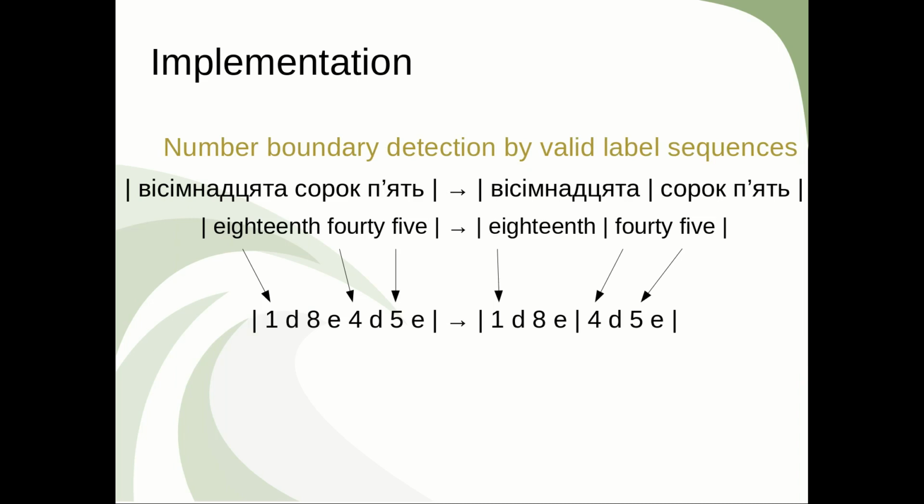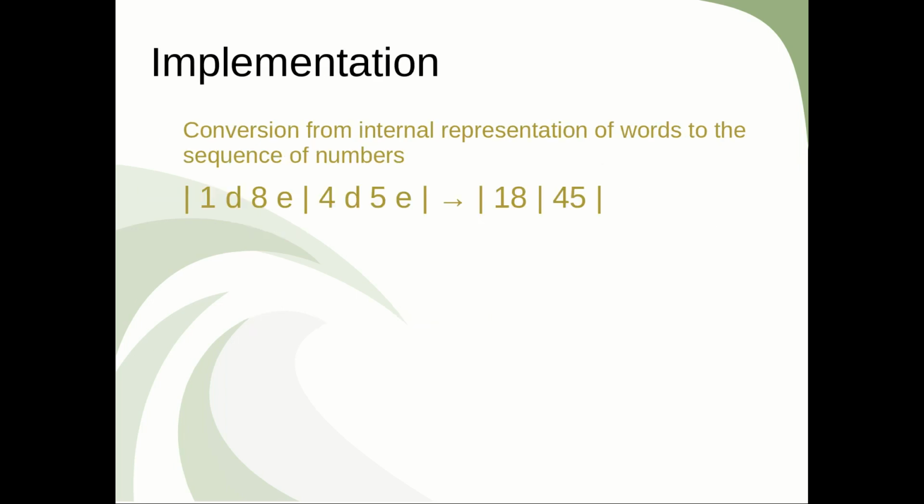It's done taking into account valid label sequences. How do we convert from the internal representation of words to the sequence of numbers? Here it is easy, we just remove the labels.